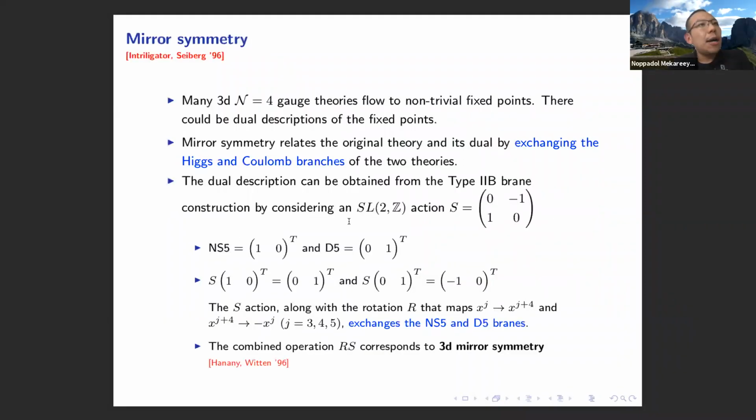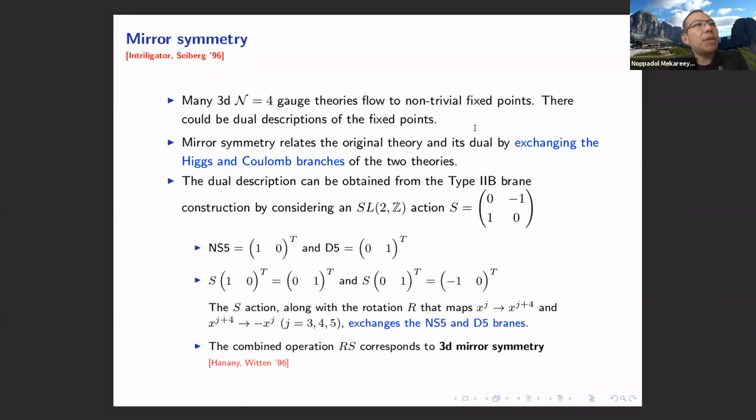So another interesting feature of 3D N=4 theory is mirror symmetry. This is also another infrared phenomenon of 3D N=4, that many 3D N=4 gauge theories flow to a non-trivial fixed point.